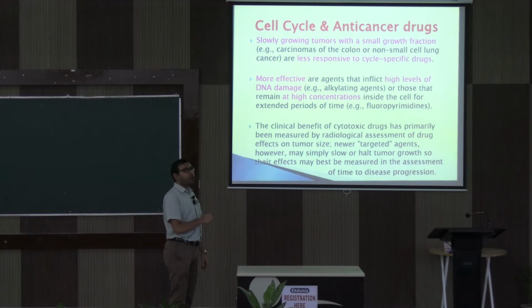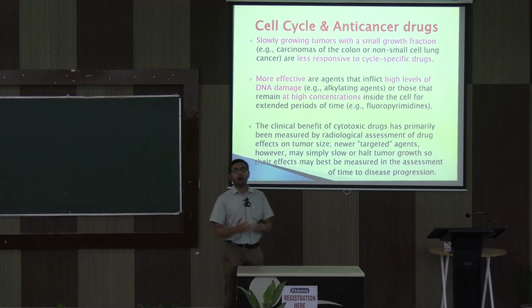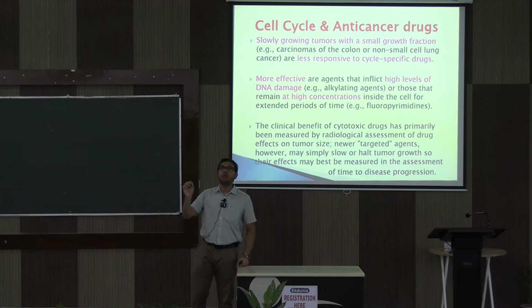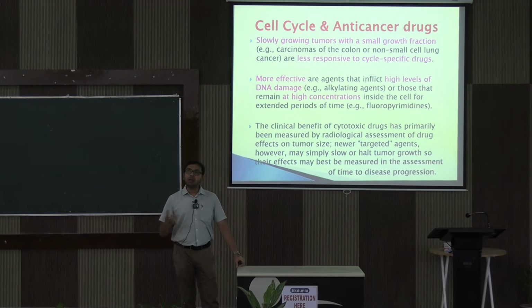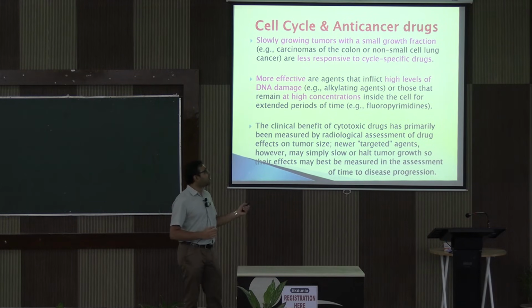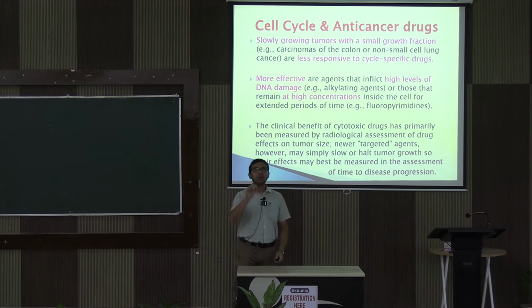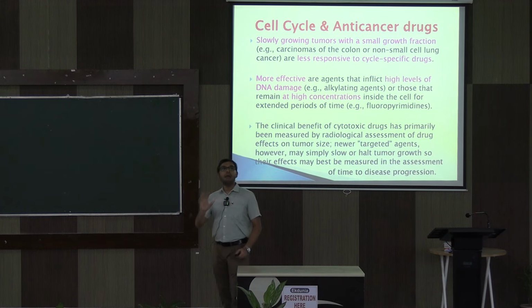So slowly growing tumors with small growth fraction. An example is carcinoma colon. Colon carcinoma is very much resistant to cancer chemotherapeutic agents, because it is a slowly growing carcinoma and most of the cells are in the G0 phase, so it has a small growth fraction. So they are less responsive to cycle specific drugs. Here usually the non-cycle specific drugs may be active.